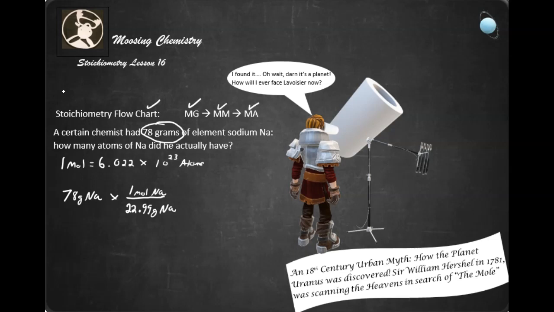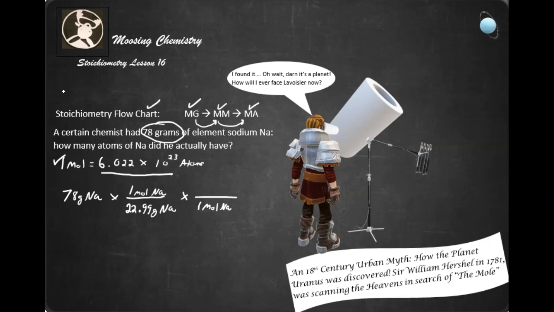So now, the next step is, we're going from my grams, which we did, to my moles. Well, we want to go from my moles to my atoms. So now we have to put in the third step. So we're going to put 1 mole of sodium on the bottom because we're going to cancel out that. And then every mole of any substance is going to equal 6.022 times 10 to the 23rd, right?